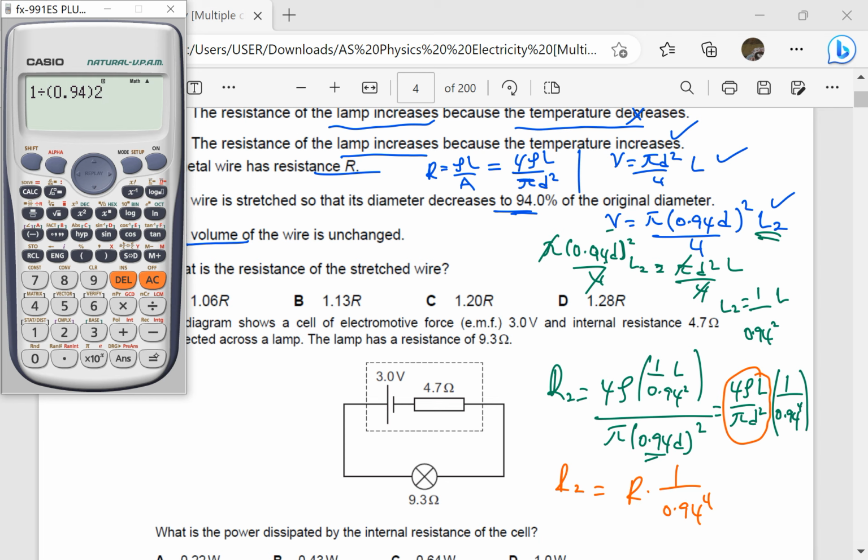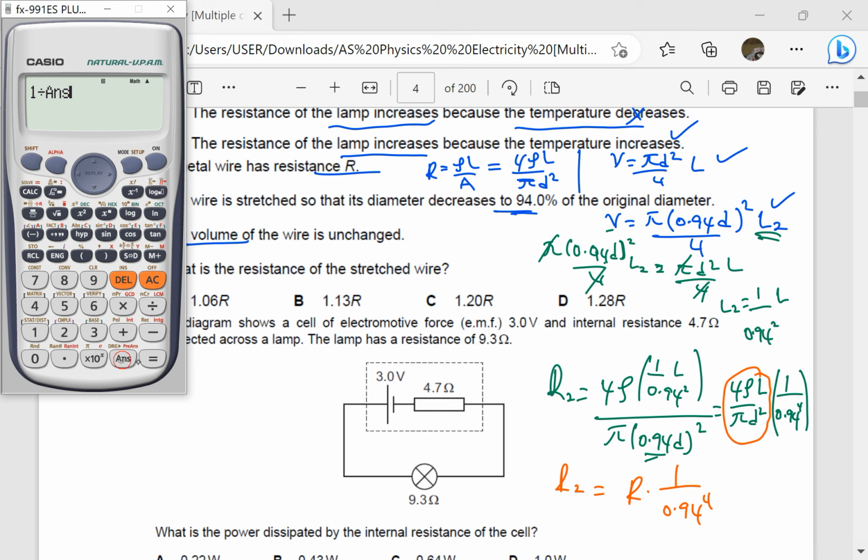So I take 0.94, square it the first time, then square the answer again.